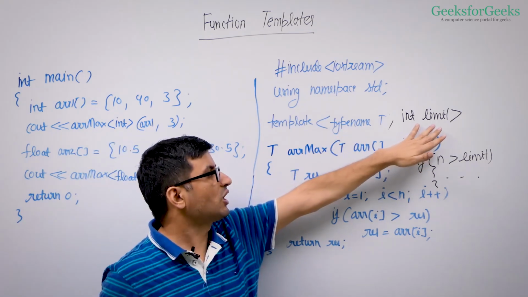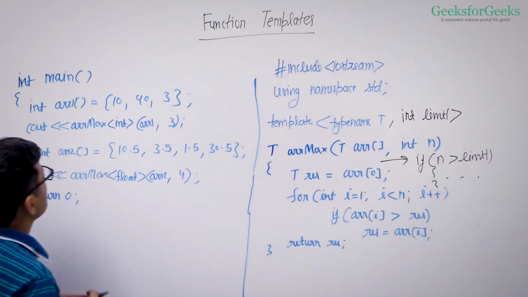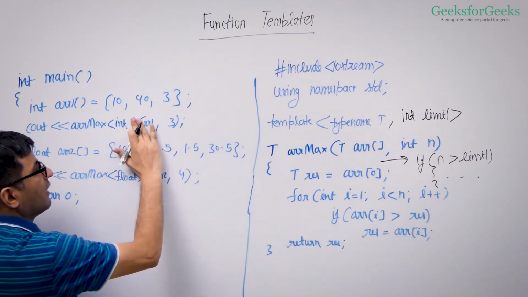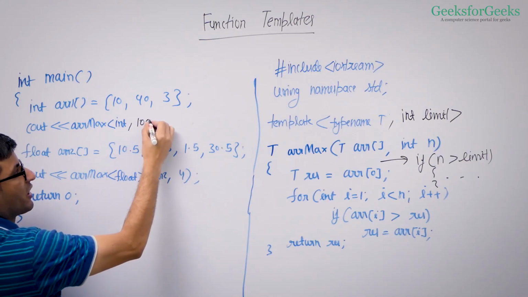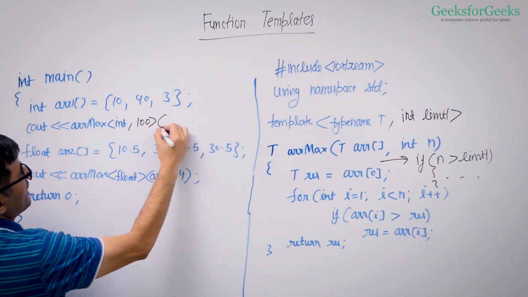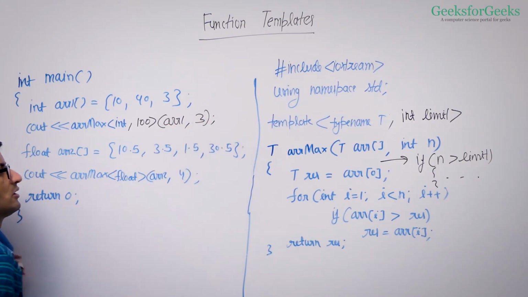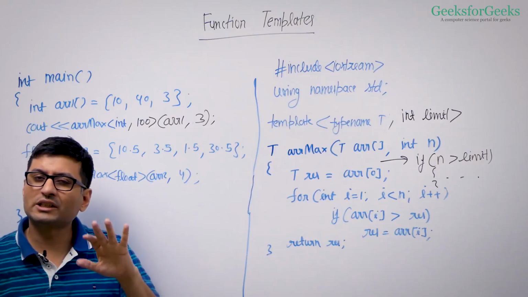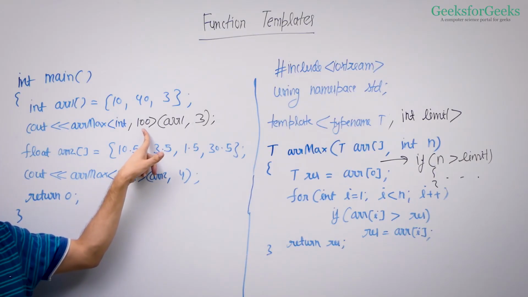The question arises, how do we pass non-data type parameters? We can simply pass them as we pass the data types. For example, I can pass the limit as 100 here, and I can call the same function the same way, 3. So this function now works the same way. It is just that it has an integer parameter also.